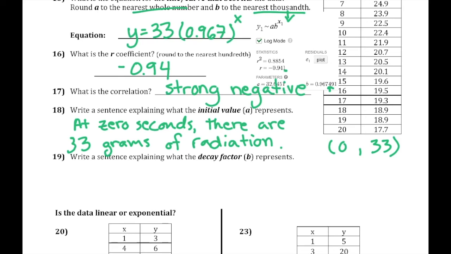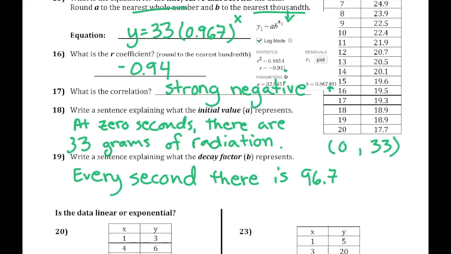So we could word this two different ways. The way I'm going to word it is I'm going to say that every second, because this is what's happening over each second, there is 96.7% of grams of radiation left.